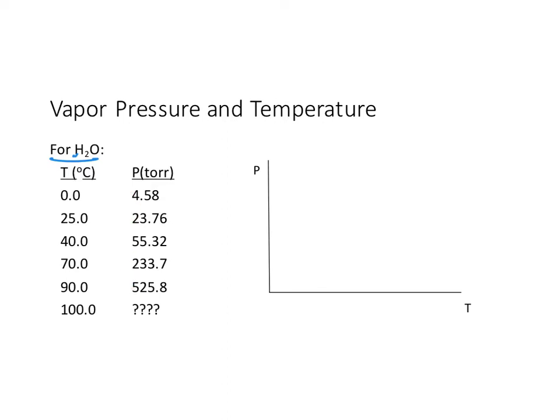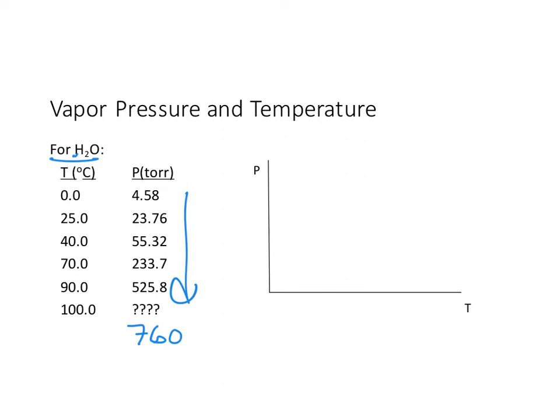Eventually, we're going to get to that particular temperature for water, 100 degrees, which you and I should recognize as the boiling point for water. What is the vapor pressure going to be? If you pay attention to where these numbers are headed, maybe you can imagine that at 100 degrees, we're going to get to 760 torr, or 760 millimeters of mercury.